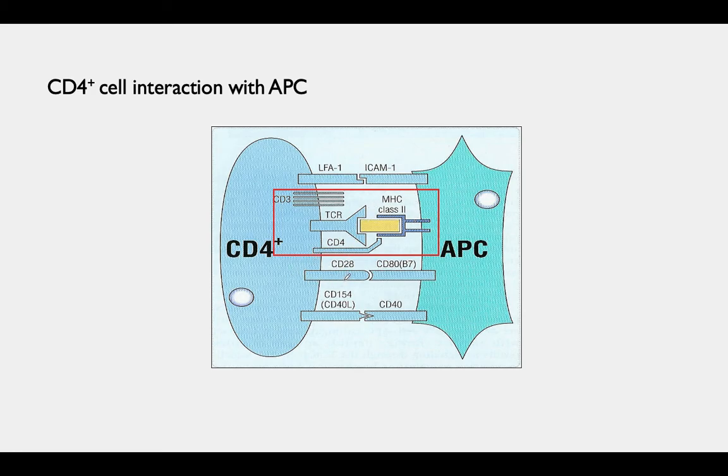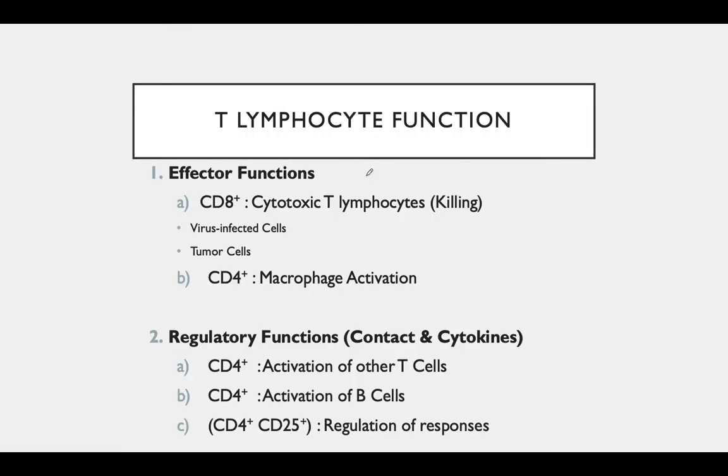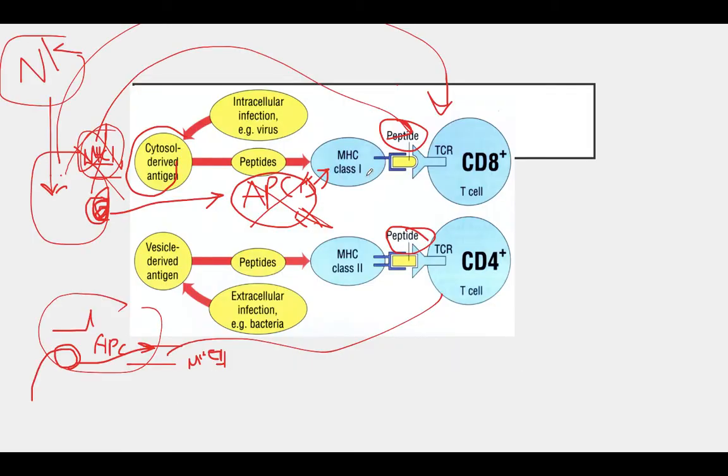CD28 is another molecule that has to contact B7, and then CD40 ligand with CD40. This is only something that can stabilize the interaction between the cells. And this is all about it, and we will talk about the rest of it in another module.